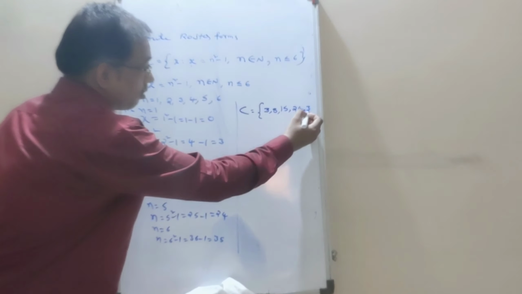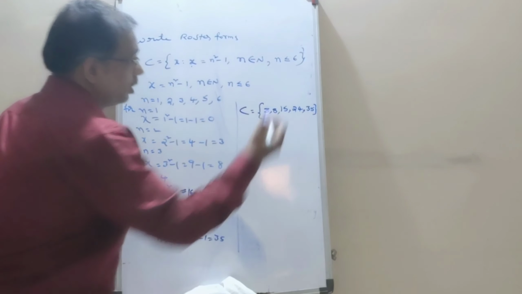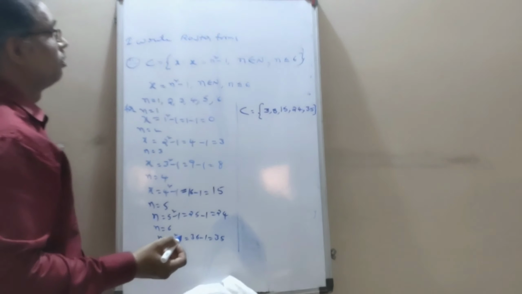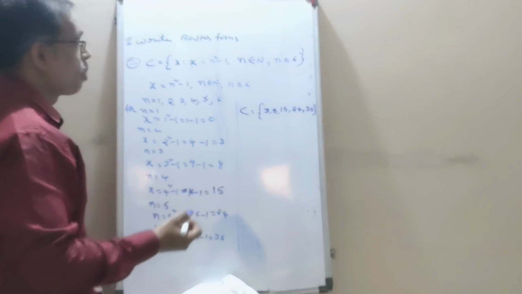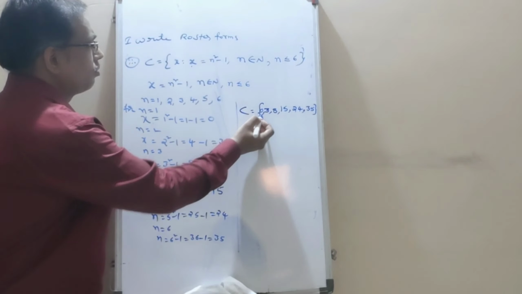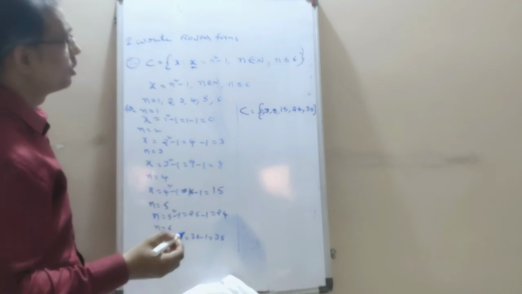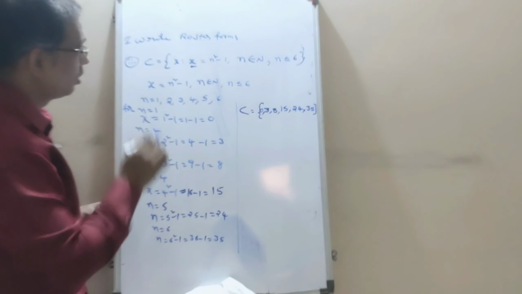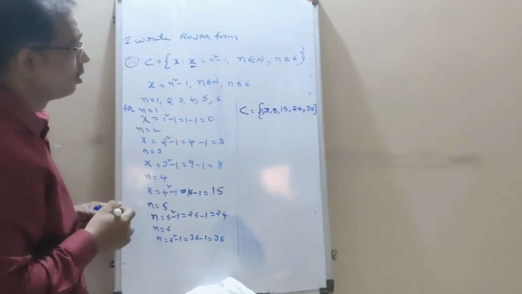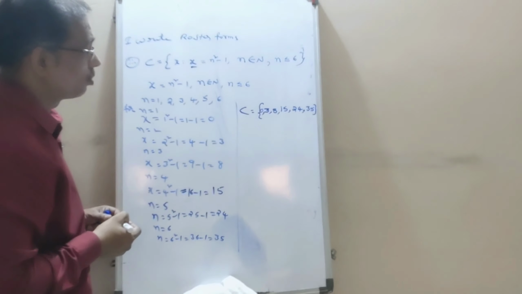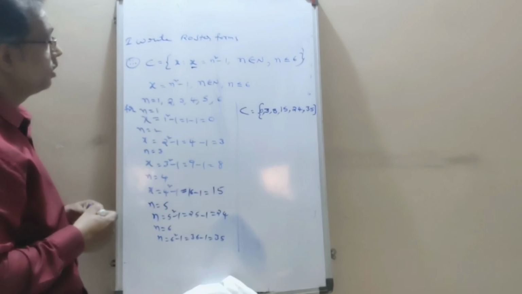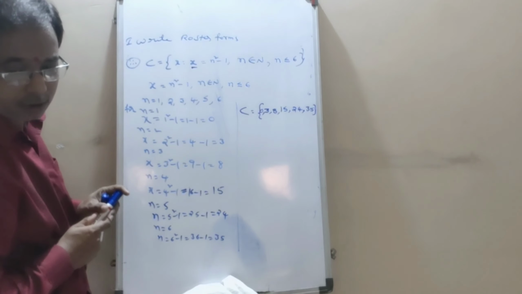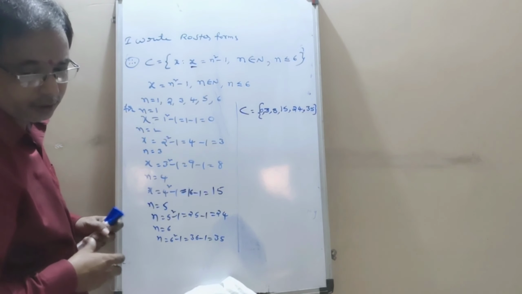You can take 0 also, because x is not represented in the natural numbers, x is n square minus 1. So you can take 0 also: 0, 3, 8, 15, 24 and 35. So these are the roster form of that set with n less than or equal to 6.